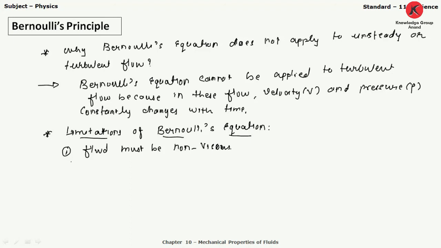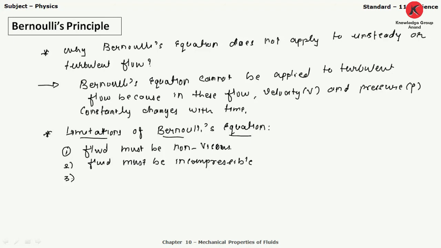So this is the first limitation. The second one is the fluid must be incompressible. Incompressible means the value of density is constant throughout the flow of fluid.